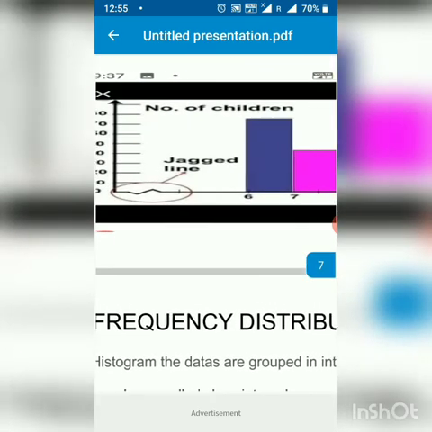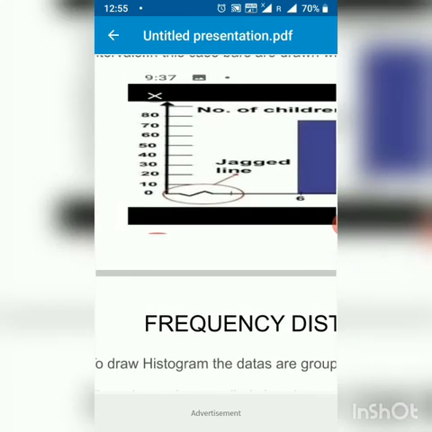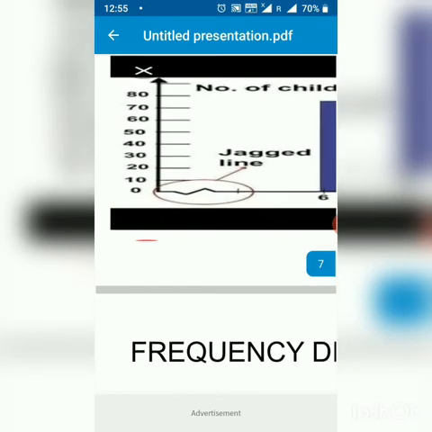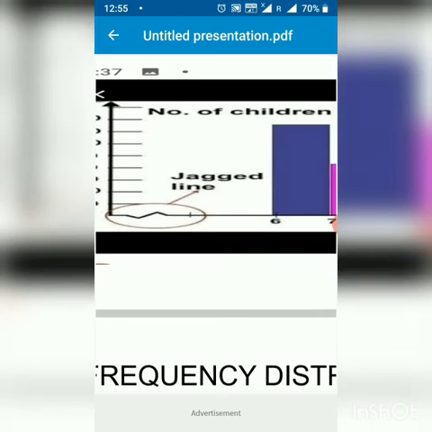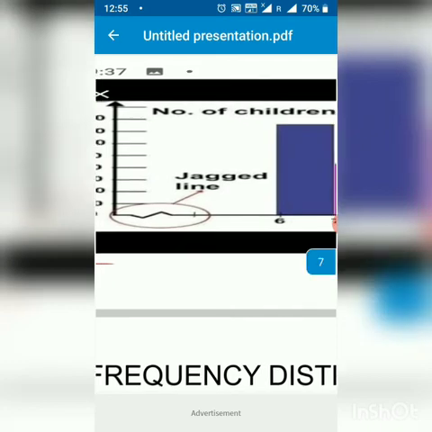One more thing, you can see here a line. This curved or zigzag line is known as a jagged line. What is this jagged line? A jagged line means that between these numbers there is no representation, no data. 0 to 6: we started from 6 to 7 year. So between 0 to 6, no data is taken into account.